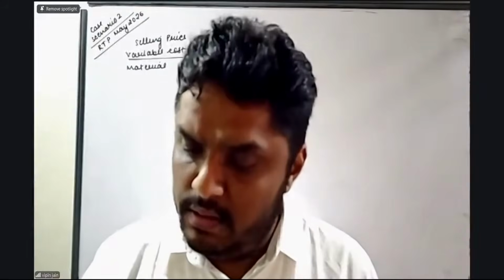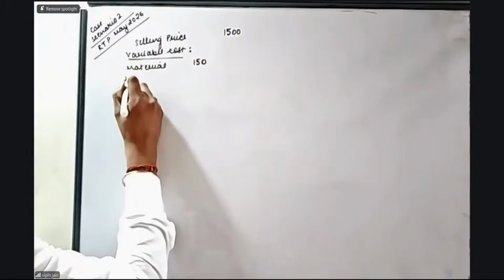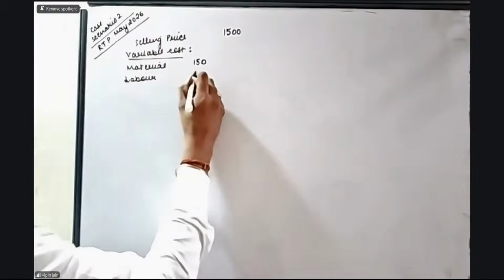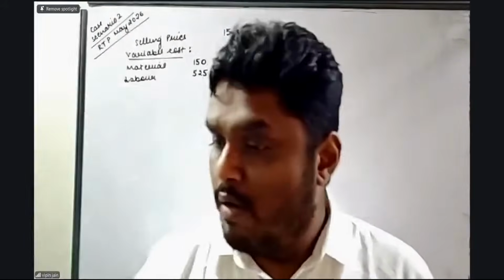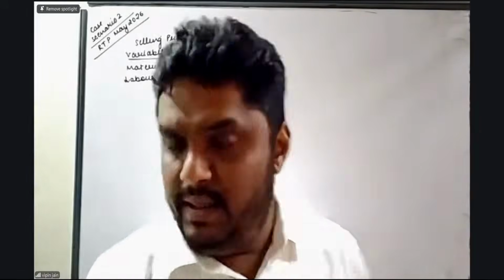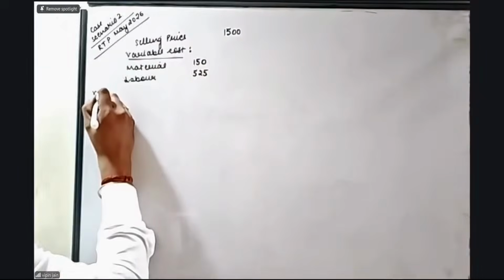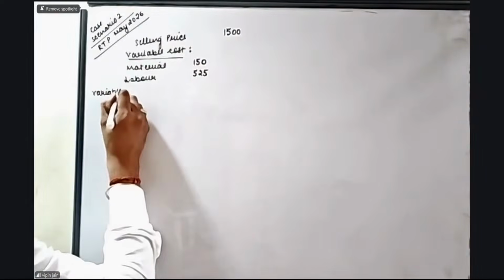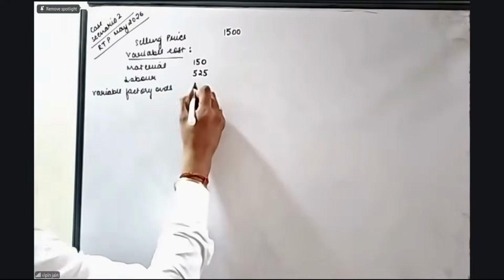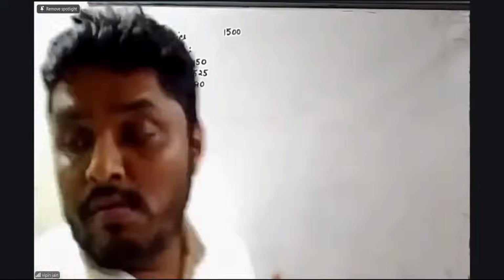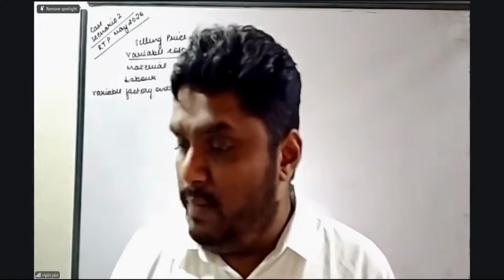The labor cost is 26,250 divided by 50. That is 525 is the labor cost. Variable factory overhead 4,500 divided by 50. That is 90. Fixed factory overhead will be considering separately.